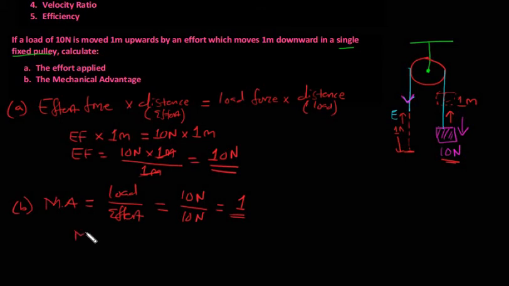Hence, the mechanical advantage of a single pulley system, as discussed in part 2, is always equal to 1.